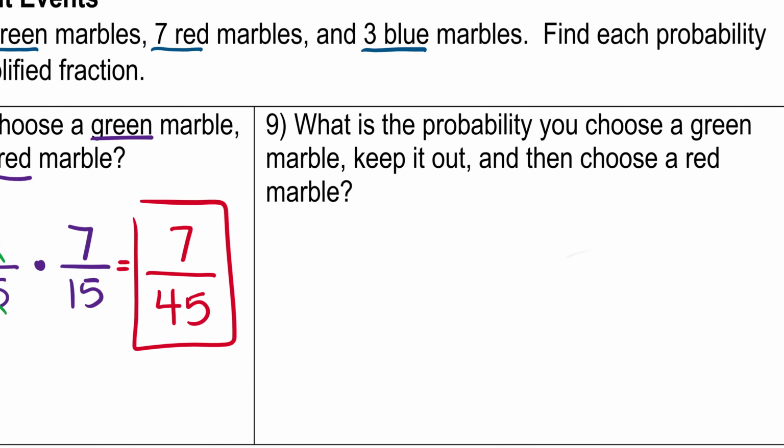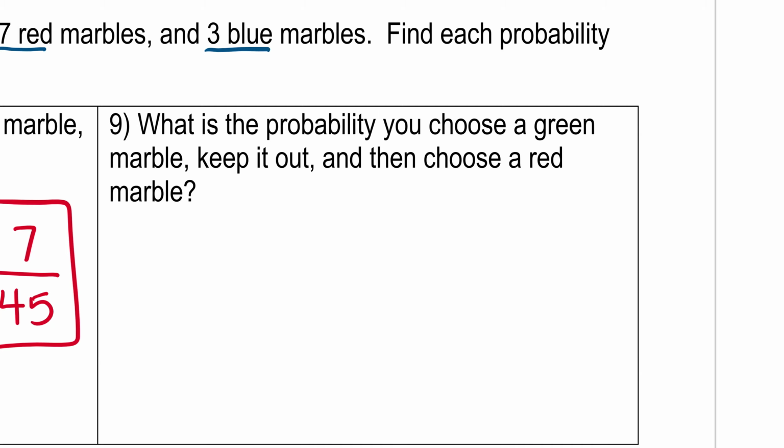Okay, last one, number 9. What is the probability that I choose a green marble, keep it out, so now I'm not going to put the marble back, and then choose a red? Okay. So again, I use the same colors, I just changed the word just to show the difference between the two. This would be dependent because if I pull out a marble and say it's green or whatever, but I keep it out, I don't put it back in.